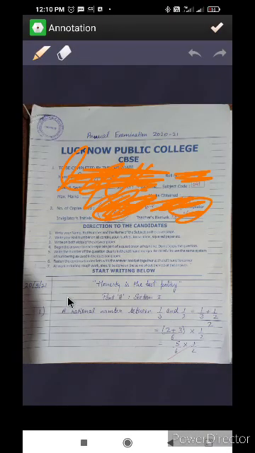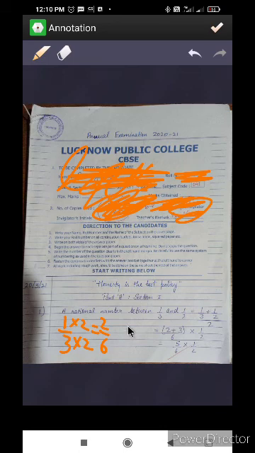Since we are having the denominators 3 and 2, we will take the LCM of 3 and 2. Since 3 and 2 are co-prime numbers, it will be 6. So 1 by 3 will be multiplied by 2 in the numerator and denominator, and we are getting 2 upon 6.